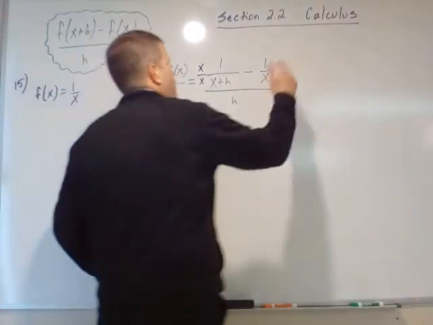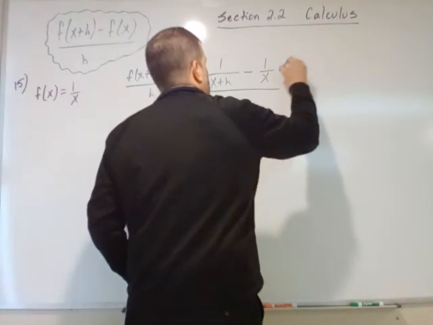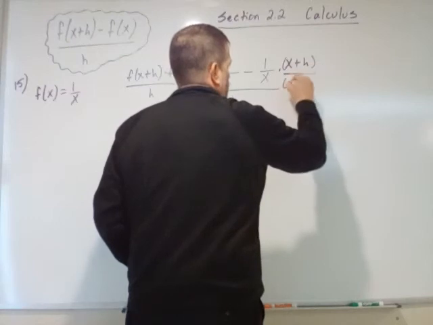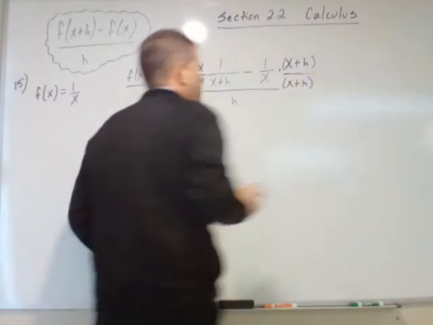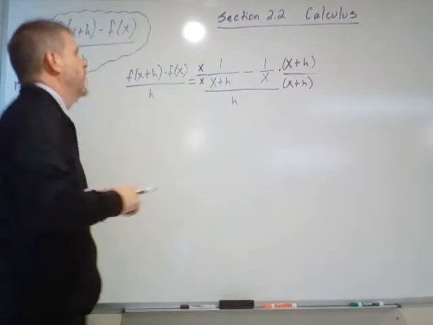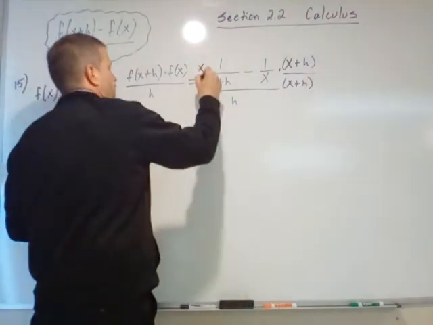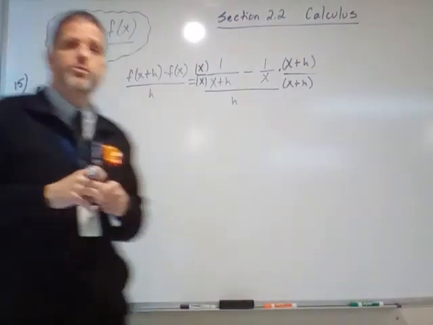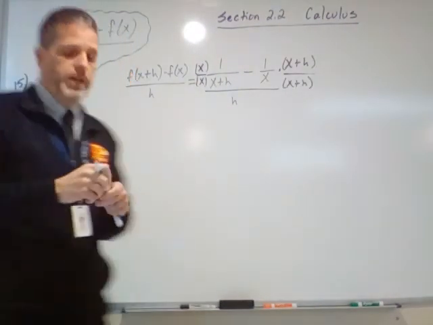Okay, next we've got to multiply the second fraction in the numerator by x plus h over x plus h. That way we'll have a common denominator of x times x plus h, and that'll be in the numerator of this format of the difference quotient.